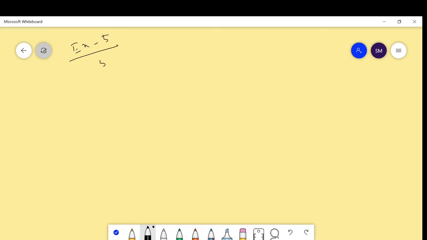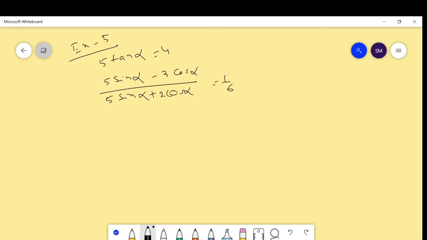Here the question says 5 tan alpha is equal to 4. Then we show that 5 sin alpha minus 3 cos alpha upon 5 sin alpha plus 2 cos alpha is equal to 1 upon 6.